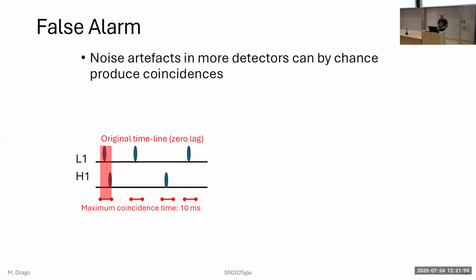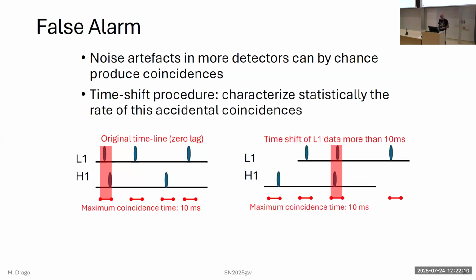The problem is: are these two a real signal, or are they just excesses of noise that are in coincidence by chance? And what we do to decide that is the usual time shift procedure. You time shift your data by more than 10 milliseconds, better to do maybe more, so they are not correlated. And every time these are connected within 10 milliseconds, for sure they are not real gravitational waves at the same time, but just coincidences that happen by chance.